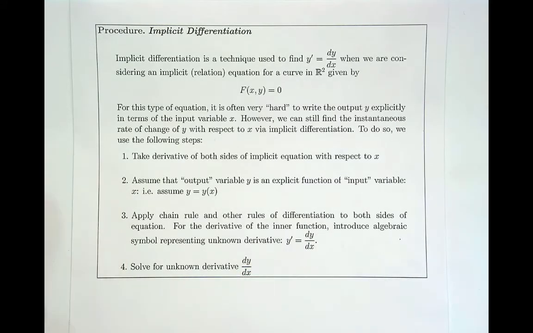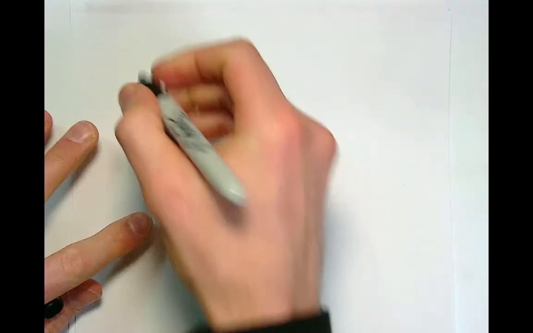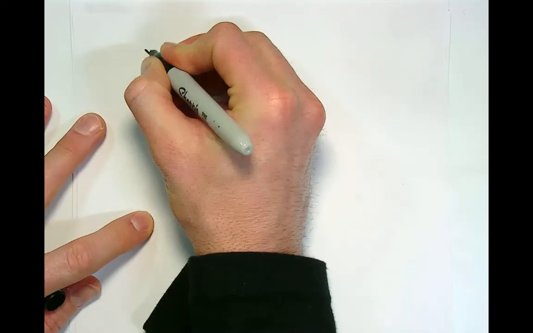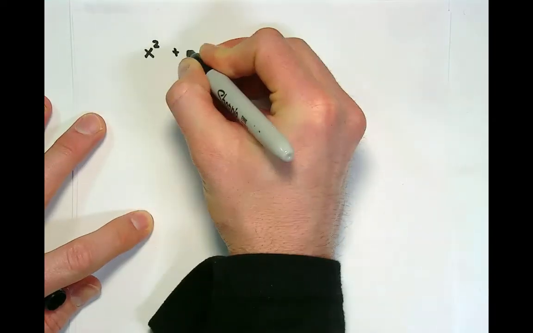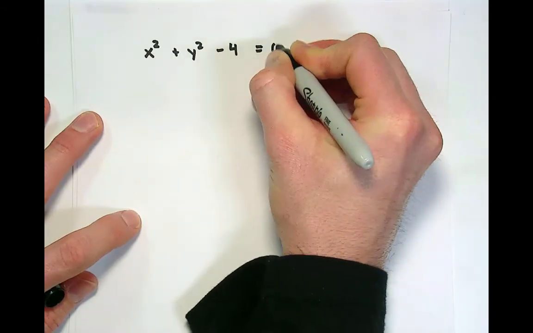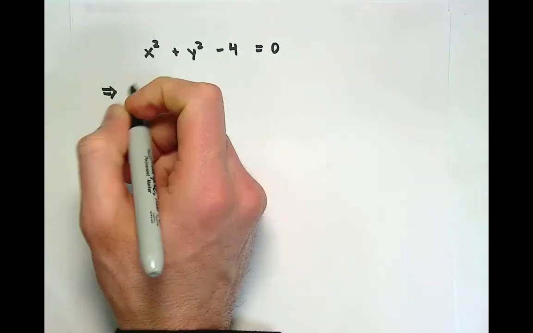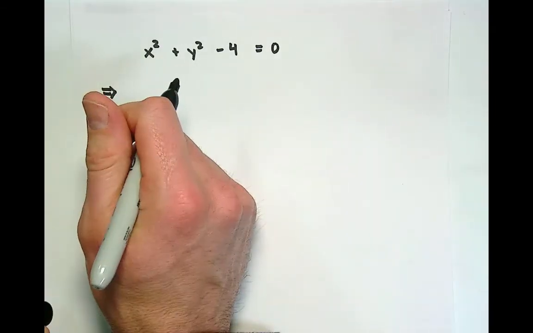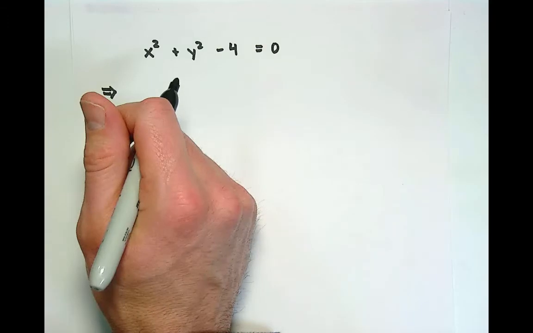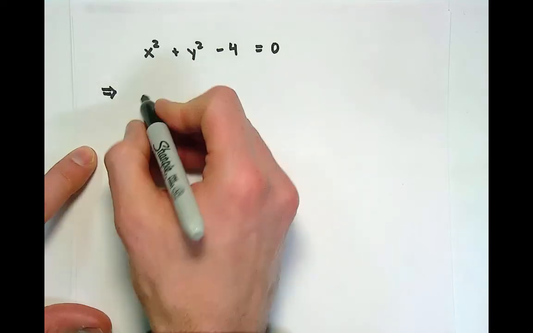Let's go ahead and apply this technique to the specific level curve that we're looking at. So here our level curve was x squared plus y squared minus 4 equal to 0. If you're familiar with this, you might not write all those steps down. However, if you're not familiar with this technique or you don't remember it, I would actually write down those steps that you saw on the last screen for yourself in your notebook and then trace out the steps as we do this example.